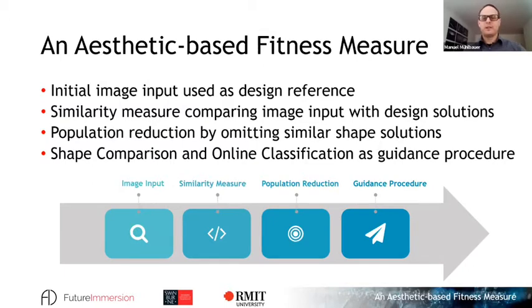Shape comparison, what I just introduced, is the main mechanism of the guidance system. It provides the search with direction and online classification using the data interactively generated by the user in artificial selection is used as another guidance mechanism in this procedure.